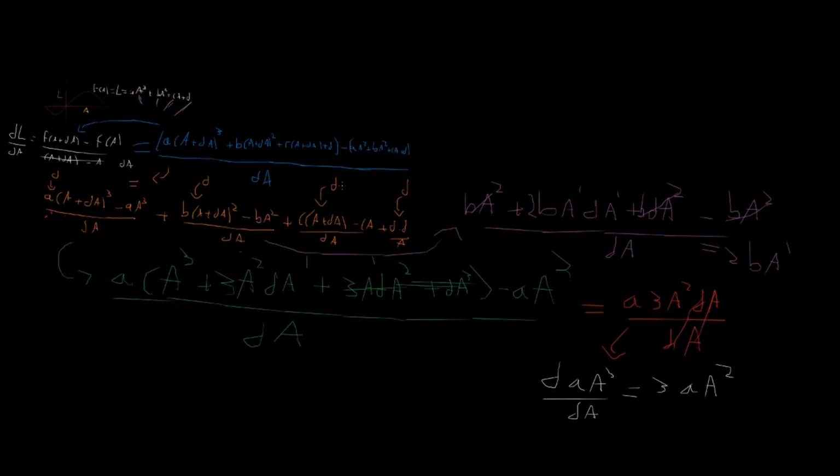I know you can't see him, but bear with me. This one, yeah, it's pretty much a no-brainer. Let's do it anyhow. Let's pick a nice color. Let's pick yellow. We have CA plus C dA minus CA over dA.